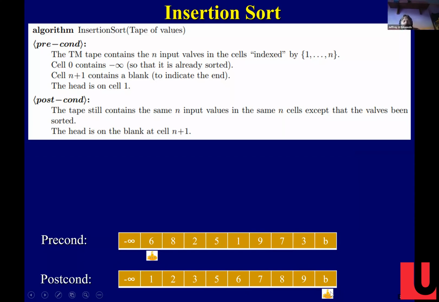And the place the head ends up in the code happens to be on the first blank after the input, so we might as well say that's okay for it to be there. Holler if you have a question about what I'm saying.